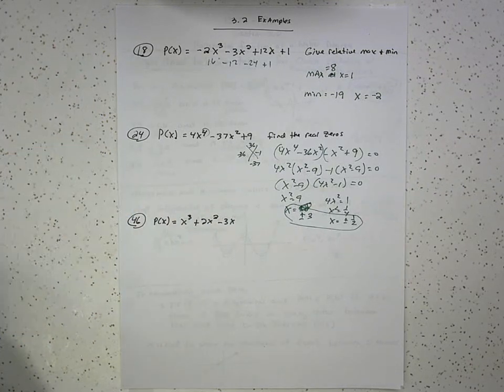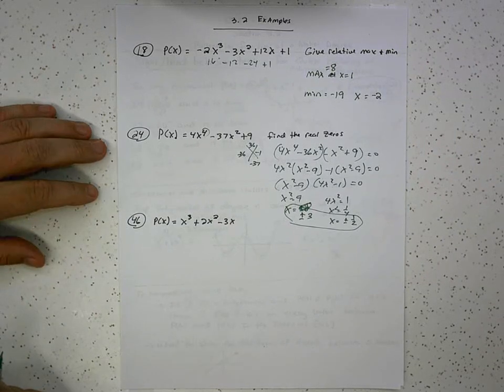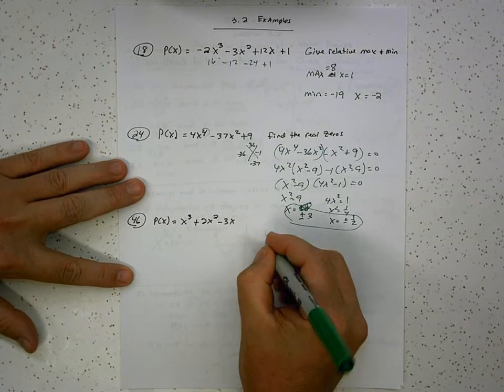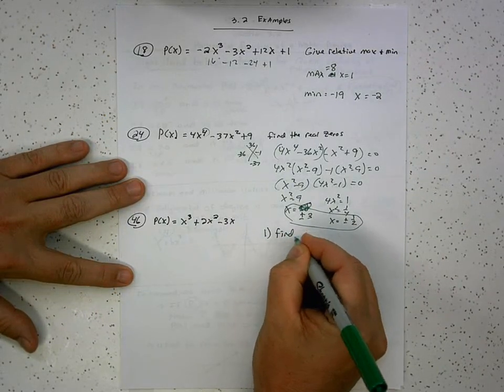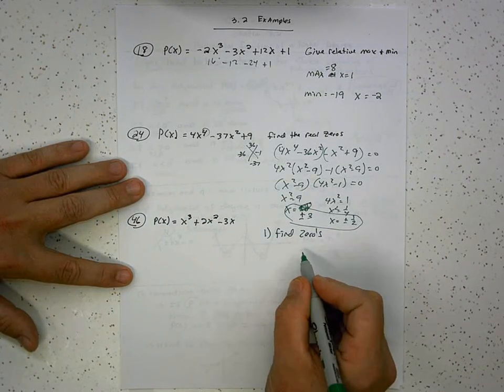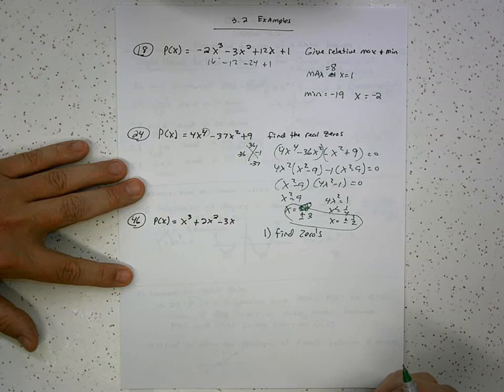Number 46, let me turn the page here, says sketch the graph of the polynomial function. They don't want us to use the graphing utility. So to sketch the graph of a polynomial function, the first thing we need to do is find the zeros. And then we can use the right-hand behavior test to graph the rest.